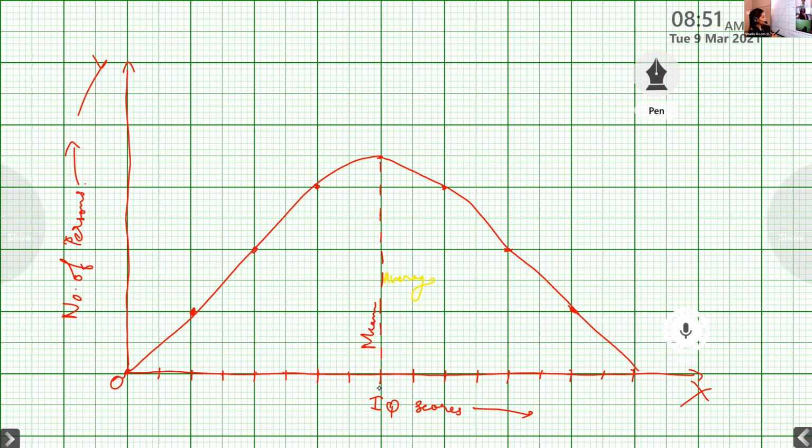Generally, we say the average IQ score for normal people is 100, and the scores are distributed along the central value, which is called the mean.